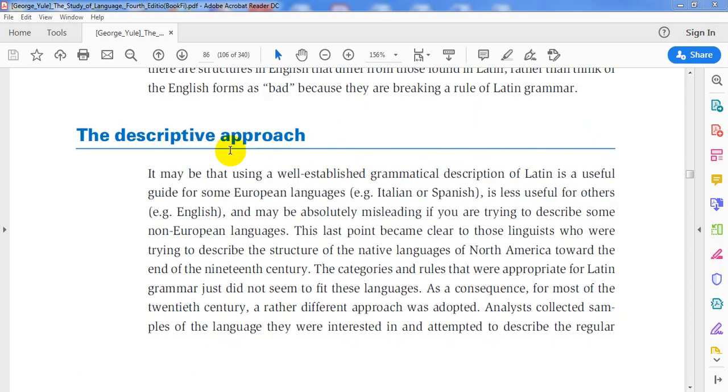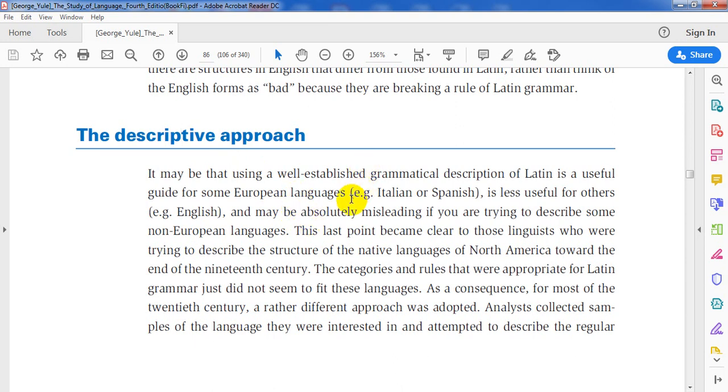So we move to another section, that is the descriptive approach of grammar. Descriptive, so we are describing the language as it is used by people, but not according to the rules of other languages like Latin or Greek.